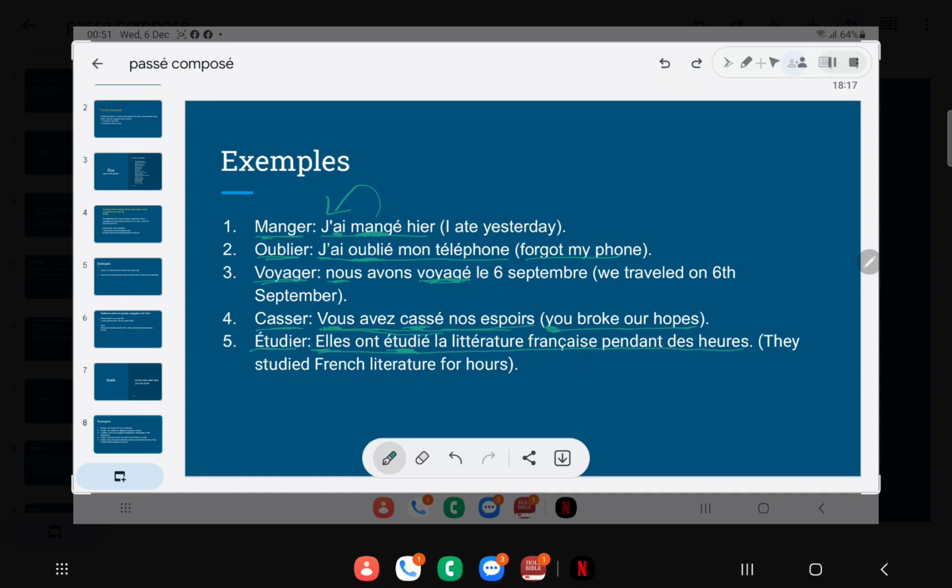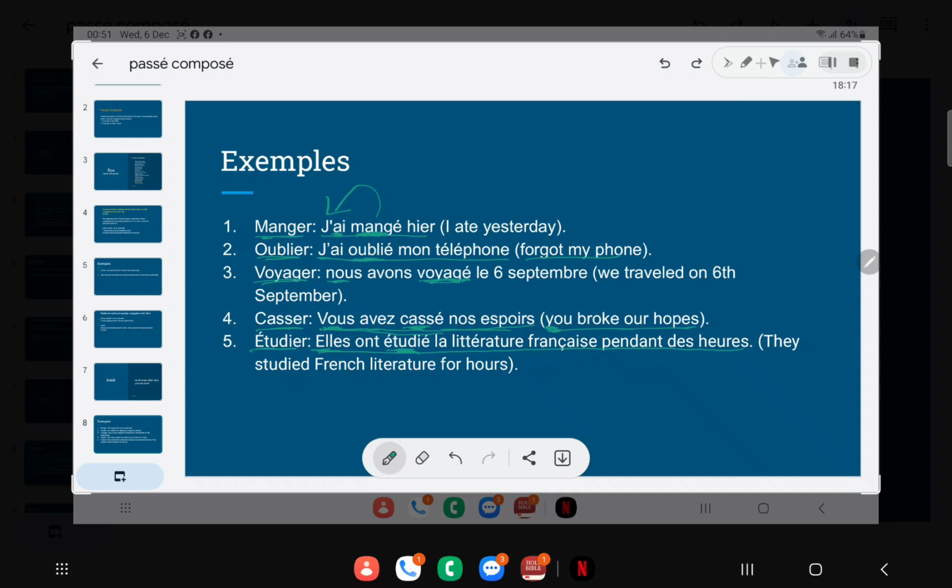To summarize, to make conjugations in passé composé, you conjugate the auxiliary verb, that is either être or avoir, and then you attach the participe passé form of the verb to be conjugated. When we talk about être, the participe passé has to agree in gender and number with the subject of the sentence.